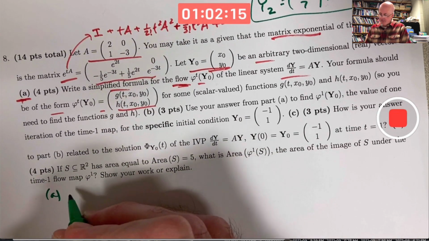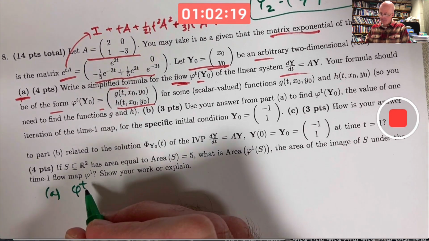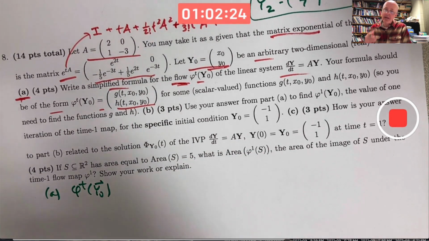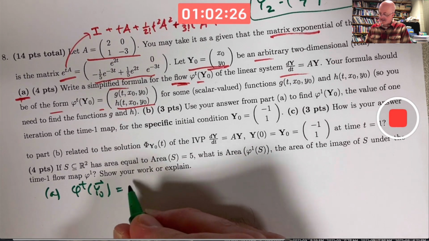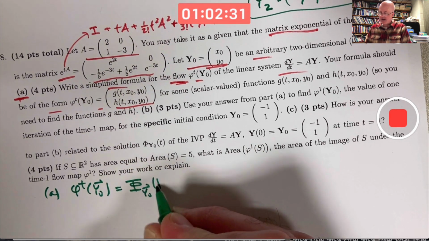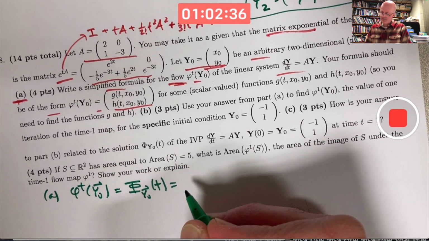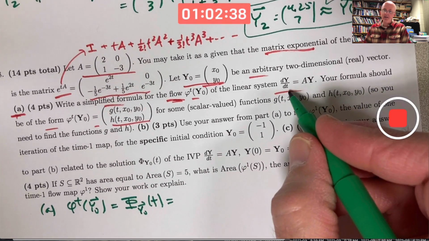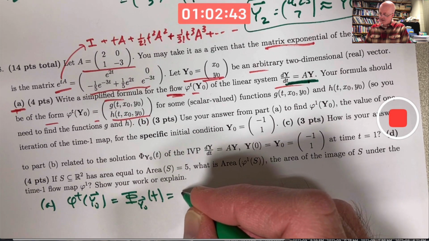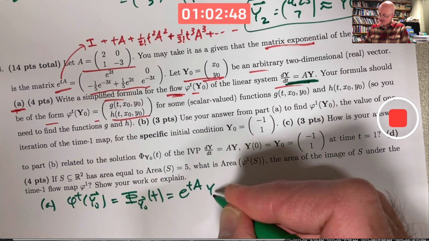For A, I've said that the flow, the time t flow map for an arbitrary initial condition is the same formula as the solution, the unique solution for that initial condition at time t. And I've said that for a linear system like this, that is the matrix exponential, e to the tA, times the initial condition vector, y0.